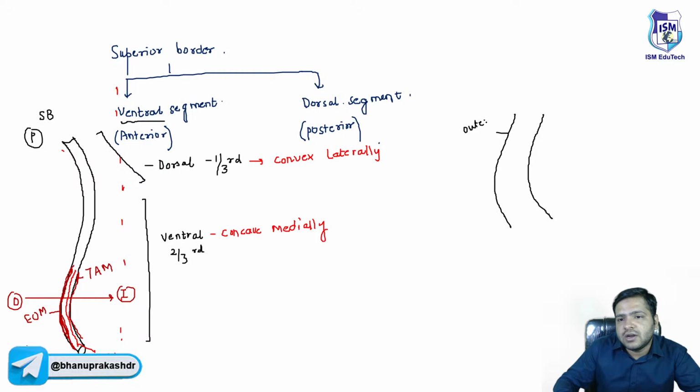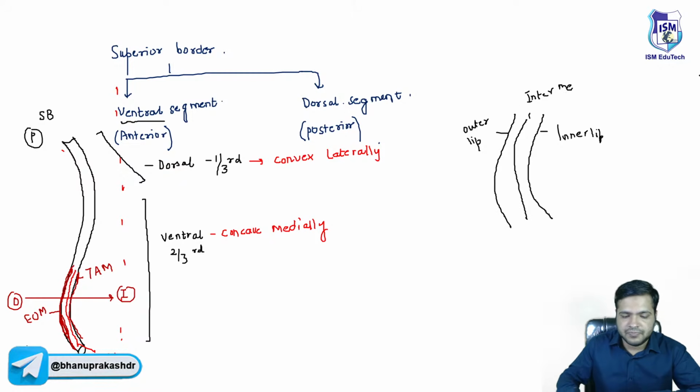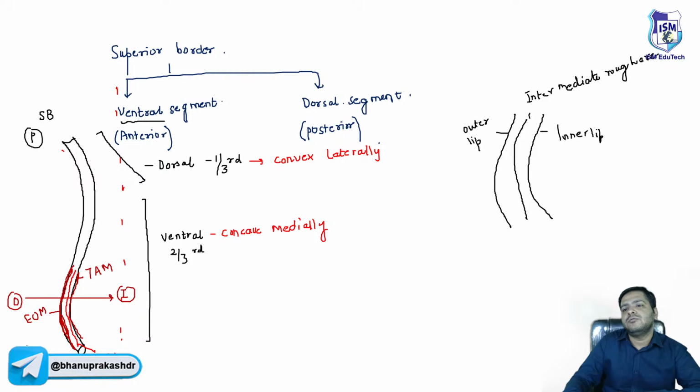It is having an outer lip and an inner lip, and in between, it has an intermediate rough area. So we have the outer lip, the inner lip, and in between, the intermediate rough area.